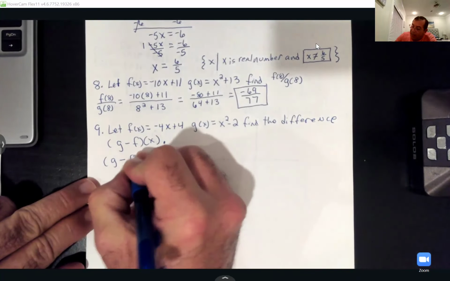So the first thing you want to do is get the order right, g minus f. Now remember, since I'm subtracting, when I drop these parentheses, I'm going to distribute that negative through the second parentheses. All right, so let's drop the parentheses. This will bring an x squared minus 2 out.